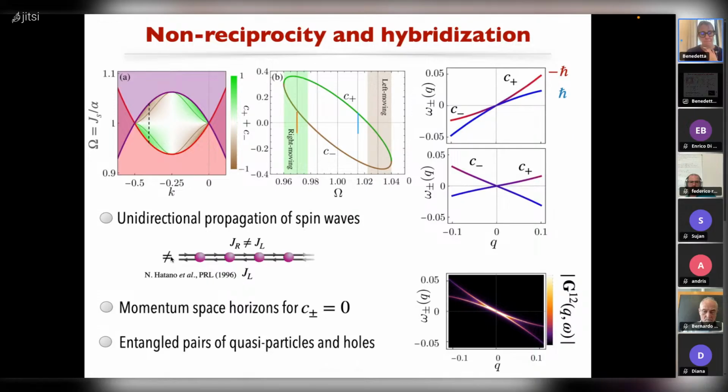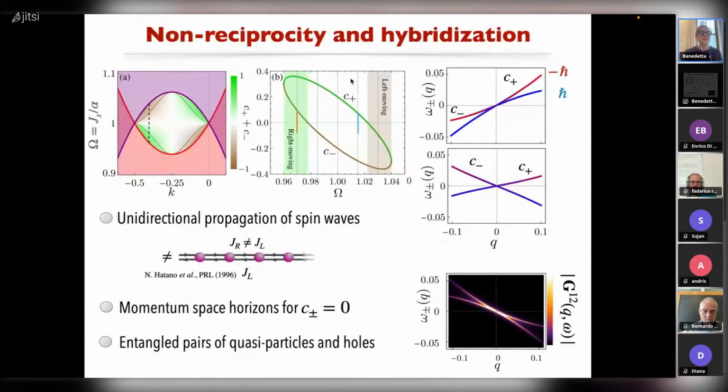And I don't know how familiar all of you are with these concepts. I was not at all three months ago when we started finding out about this. These are the points at which the velocity of your excitation goes to zero, technically horizons, our momentum space horizons.